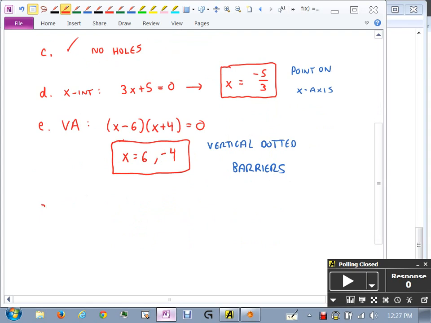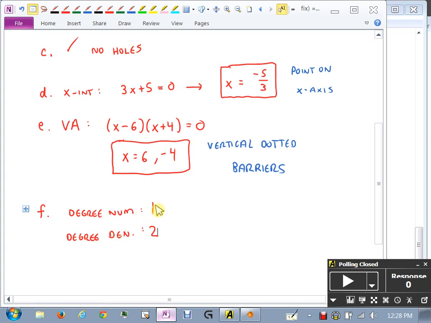F. Okay, so for horizontals, we are going to compare the degree of the numerator and denominator. So tell me real quick, what's the degree of the numerator? What's the degree of the denominator? 2. Then, what case are we working with here then?